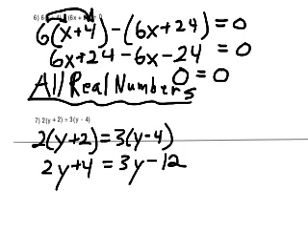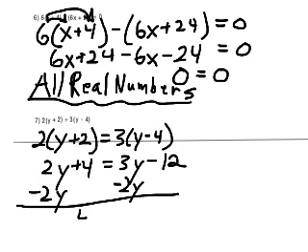Now we're at the point where we add or subtract to have our variables on one side and our numbers on the other, right? So you just do what you need to do, following that rule about the balance. Add negative 2y, and that gives me 4 equals y, because 3y plus negative 2y is 1y, or just y, minus 12.